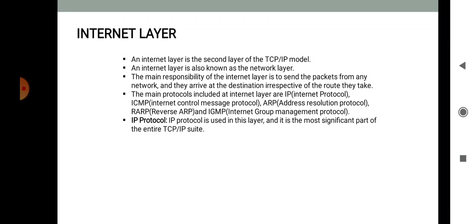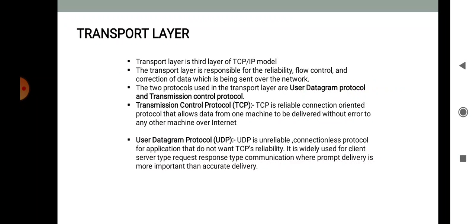Then the third layer of the TCP/IP reference model is the transport layer. The transport layer is the third layer of the TCP/IP model. The transport layer is responsible for reliability, flow control and correction of data which is being sent over the network.